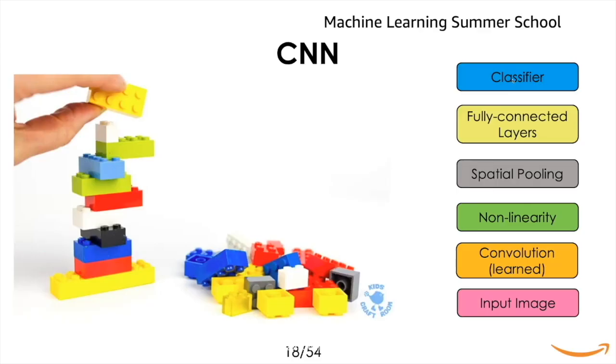But the difference in CNNs is that unlike in regular neural networks where neurons are arranged in 1D, in ConvNets neurons are arranged in 3 dimensions. So the input image will have 3 dimensions: width, height, and depth. And the neurons in a layer will not be connected to all the neurons in the previous layer. Instead, each will be connected to a small region in the previous layer when the convolution is taking place.